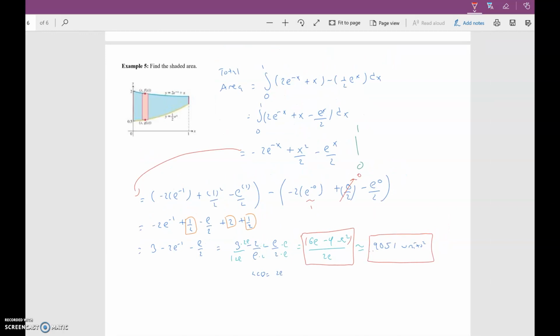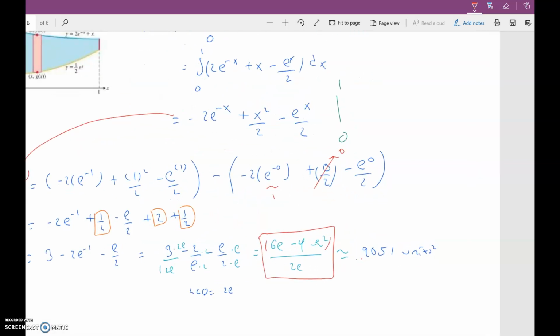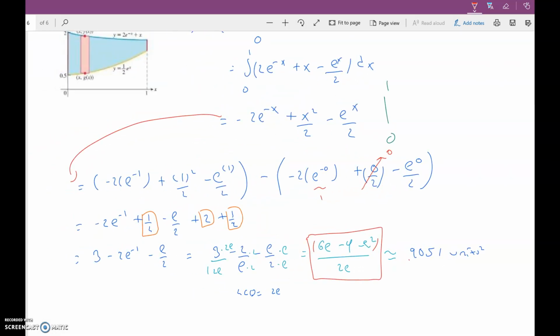So I'm getting 0.9051 as our final answer, which represents a decimal approximation.